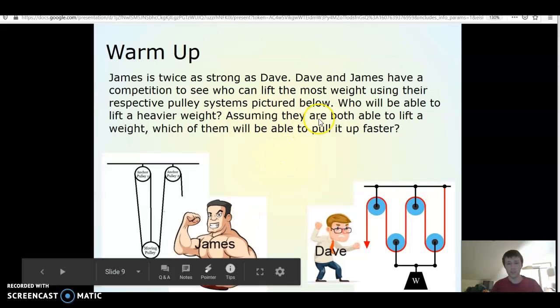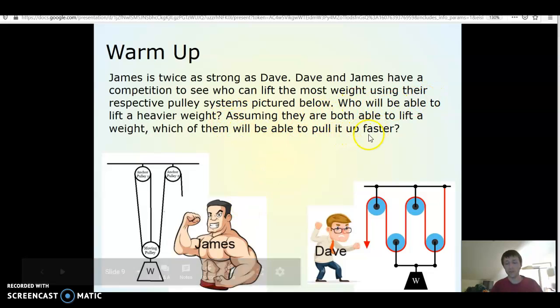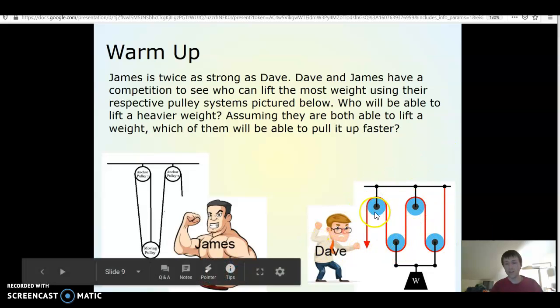Now the second question, assuming they can lift it, which of them will be able to pull it up faster? The thing to recognize here is distance advantage is the inverse of the mechanical one. So in this case, for every foot that Dave pulls, this lifts up 1/4 of a foot. So to lift this up 1 foot, he'd have to pull 4 feet of rope through.